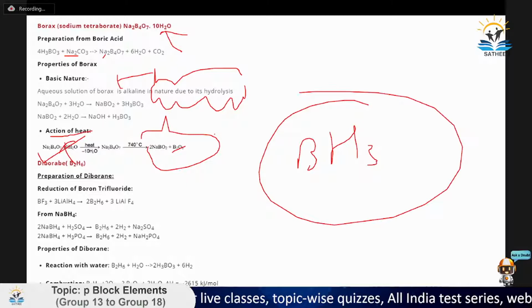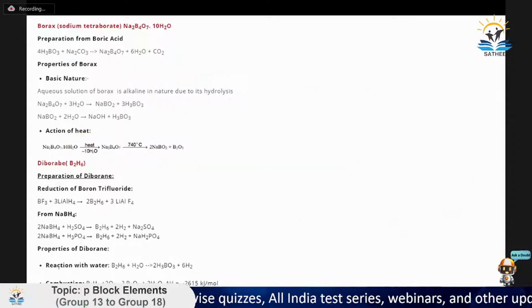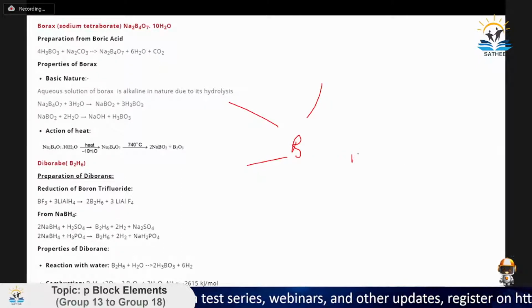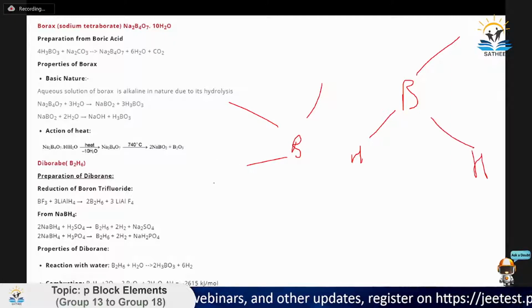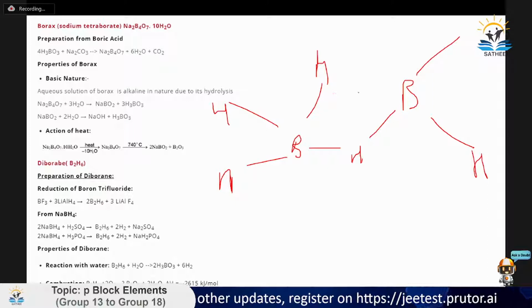Okay, BH3 is a hydride of boron, and two such hydrides come together and form a bond between them. So you have BH3 and BH3, with H, B, H, H. Two BH3 units come together and form a bond like this.